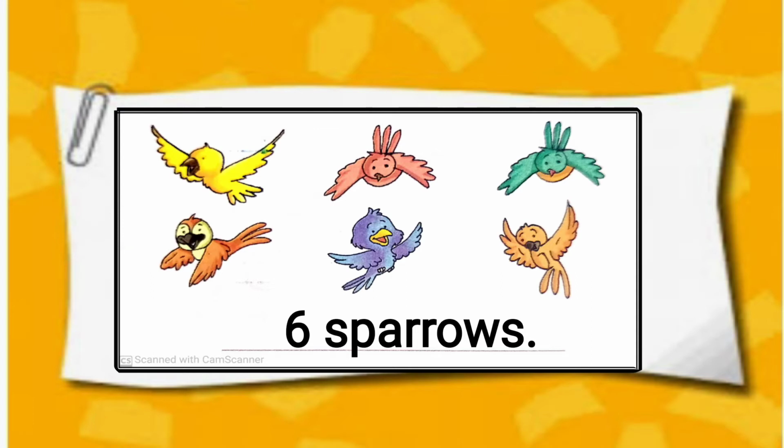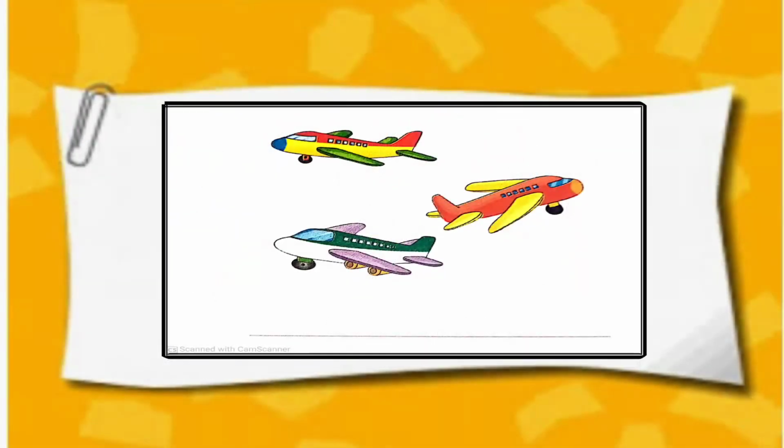So just below the image we have to write down 6 sparrows. Here we can see the image of aeroplane. How many aeroplanes are there? 3 aeroplanes.